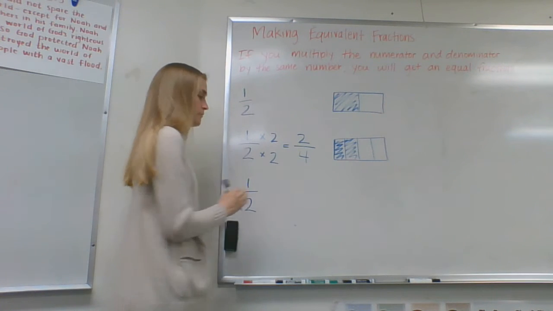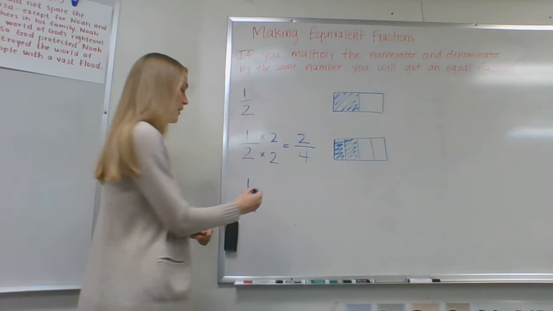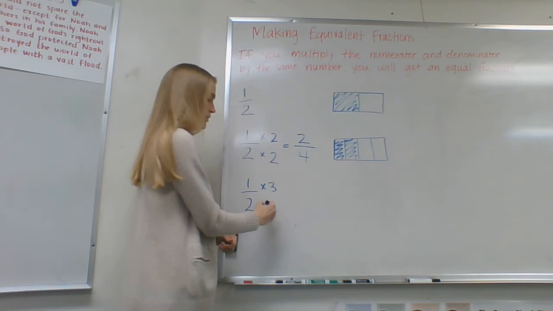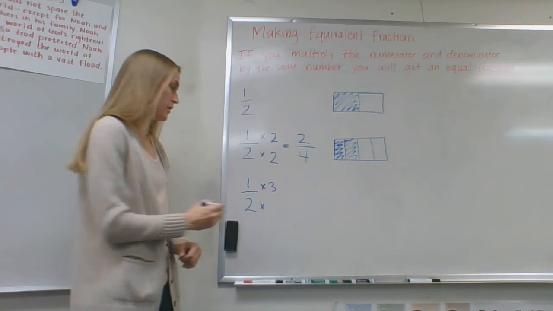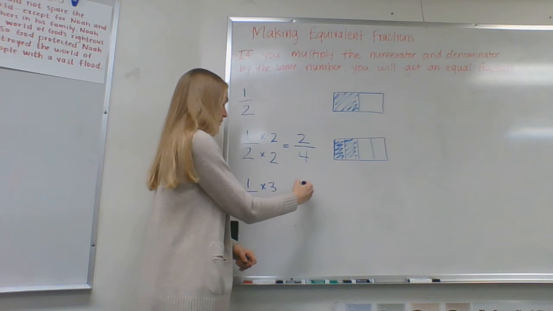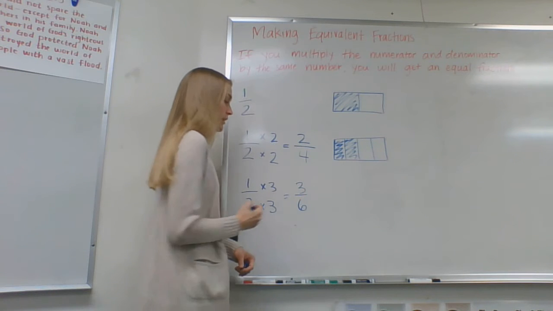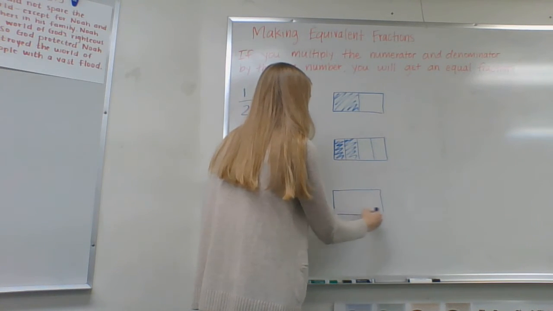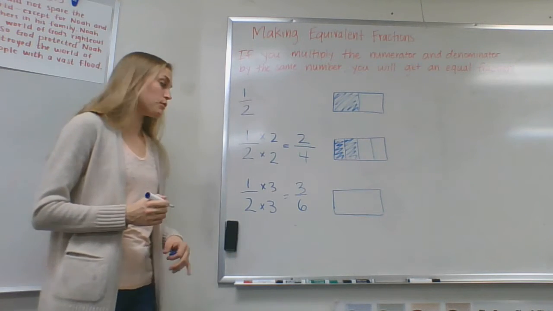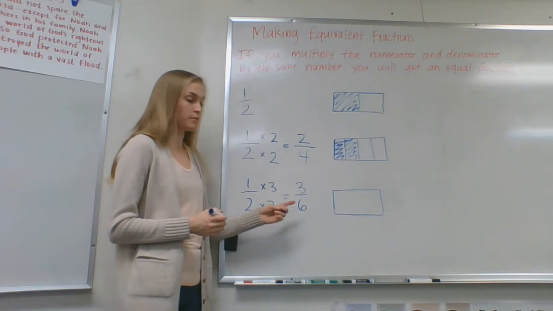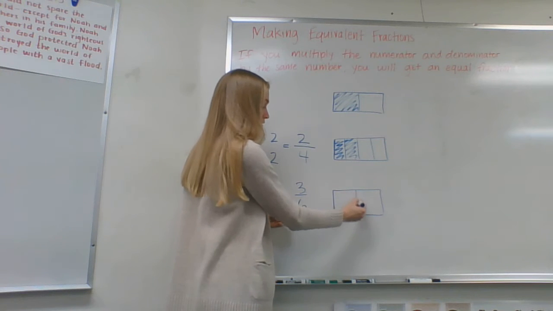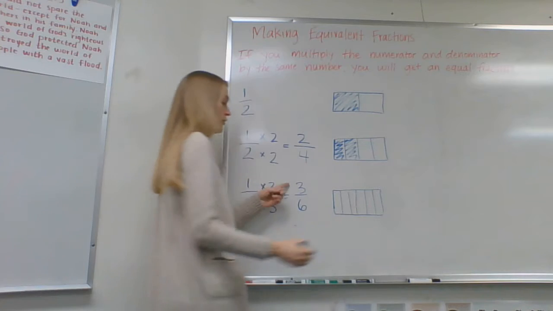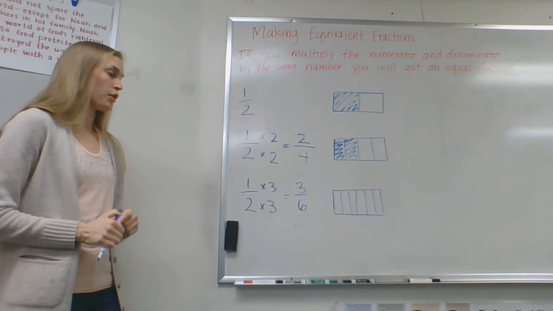So let's try again with a different number. We have 1/2. Say this time we multiply the numerator by 3. We have to also multiply the denominator by 3 if we want it to be equivalent. That would give us 3/6. If we drew 3/6, we'd have one thing split into 6 total pieces. Remember, the denominator tells us the total, and then the numerator tells us what part of that total we're talking about.